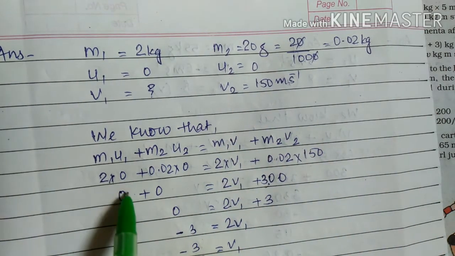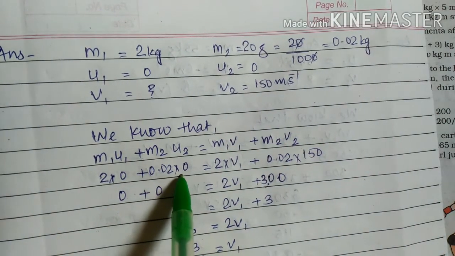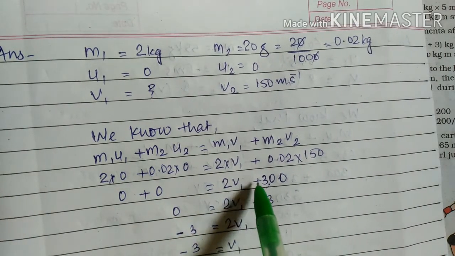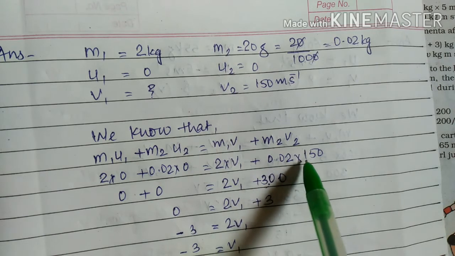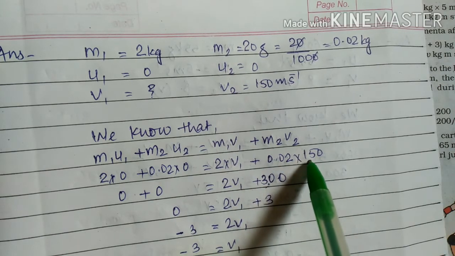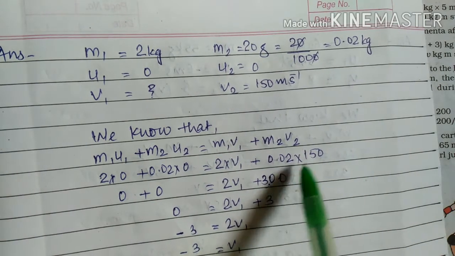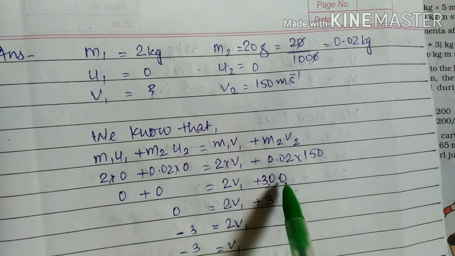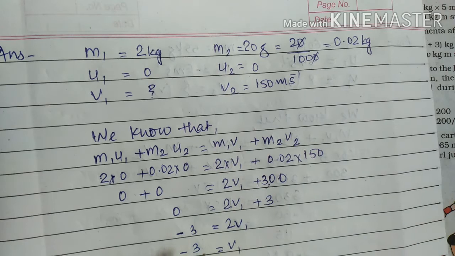So 0 plus 0 is equal to 2v1 plus 0.02 into 150, which gives 3.